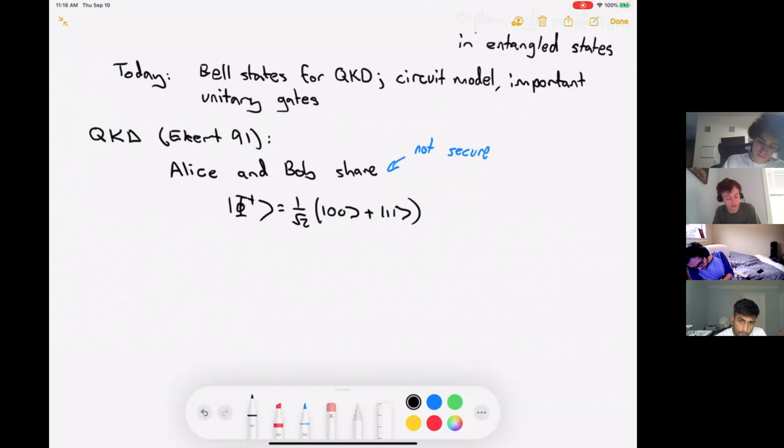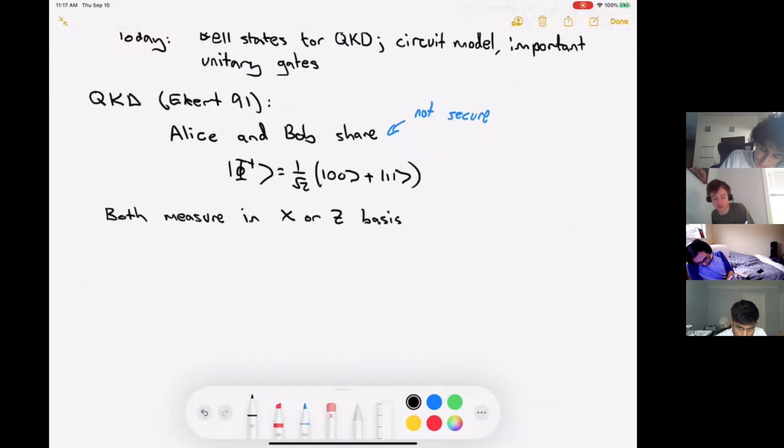Now both of them are going to measure in either the X or the Z basis. It's important that they don't tell each other which basis they're going to use in advance. They just choose them independently, but then throw away qubits where they measured in different bases.